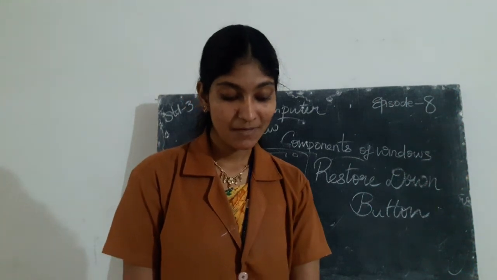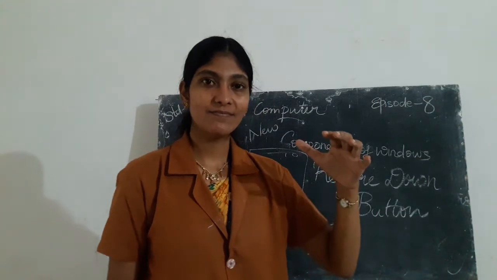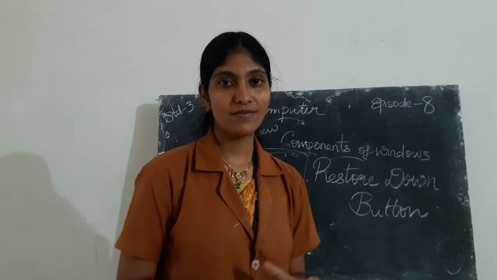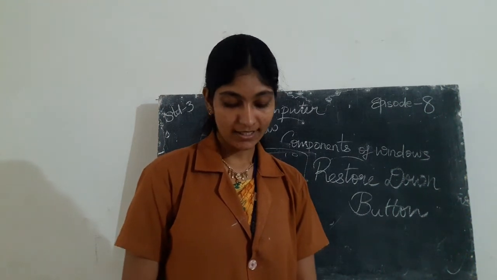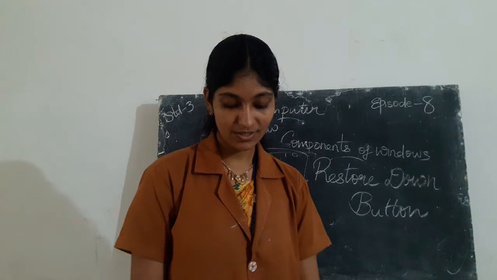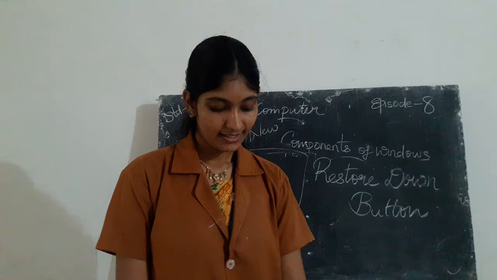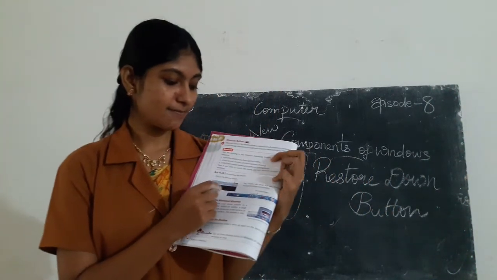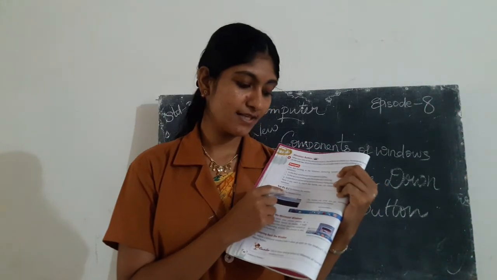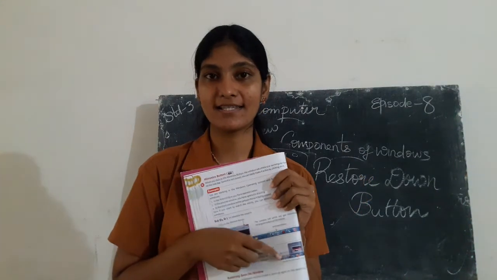Third one is what? Minimize button. That means when you click the minimize button, it will decrease the size of the window. It will shrink the window to a rectangular button on the taskbar. Here, click on the minimize button, and it will minimize into this position. So what is the taskbar?